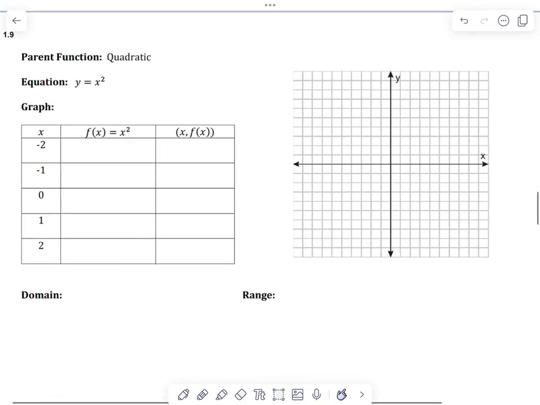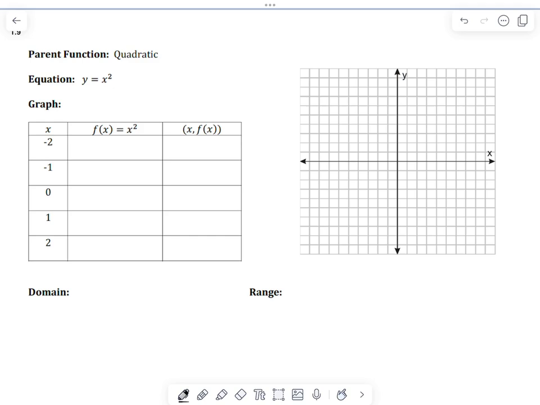Our next parent is our quadratic. Its equation is y equals x squared.